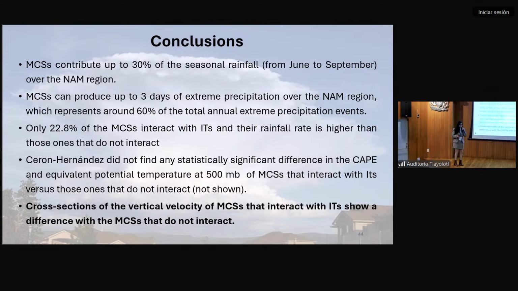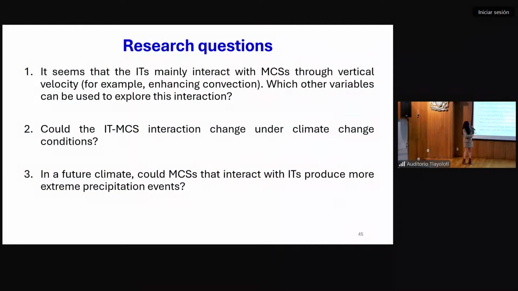It was kind of strange to see that, because we expected that the other environmental factors could contribute to modulate these interactions, but we didn't get any interesting results.